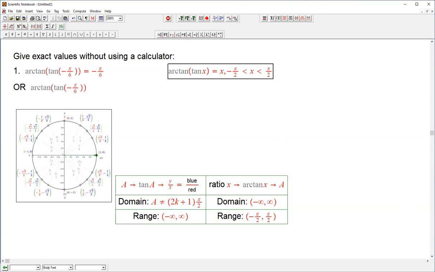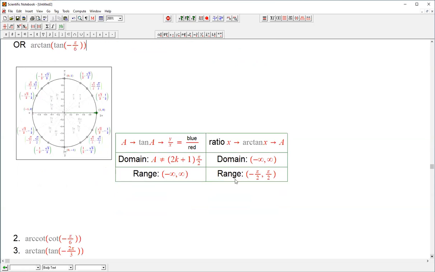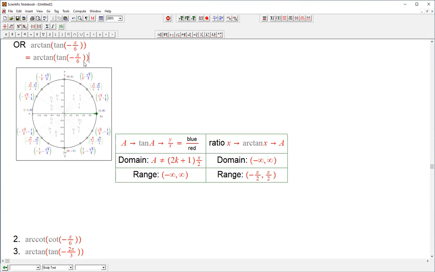What we can do is work it from inside out. Inside, tangent of negative pi over 6. That's the part we're going to work first. You first need to measure negative pi over 6. How do we measure negative pi over 6? From standard position, clockwise, and here's the terminal.